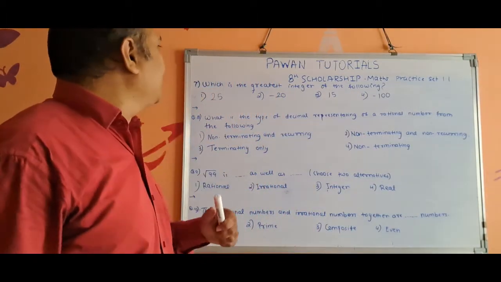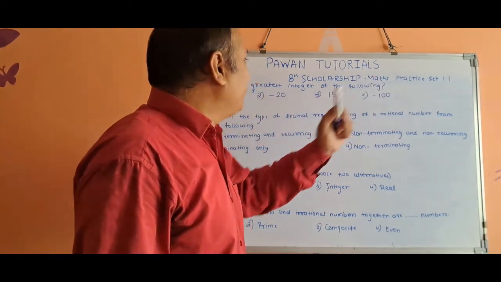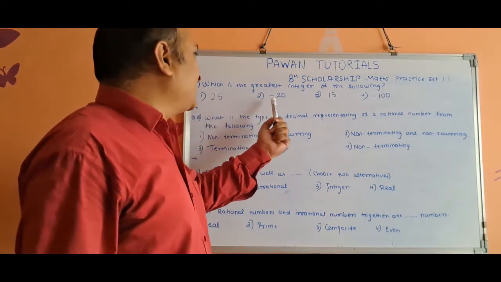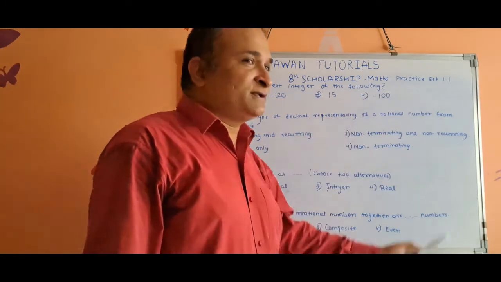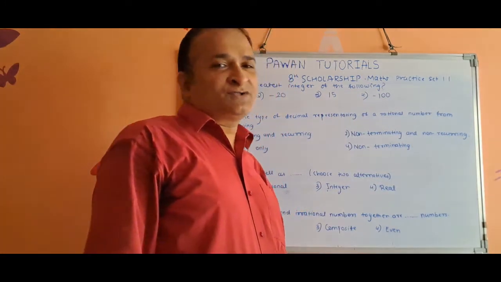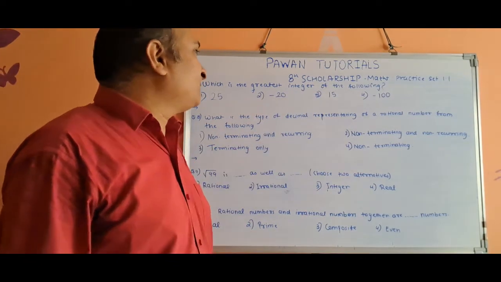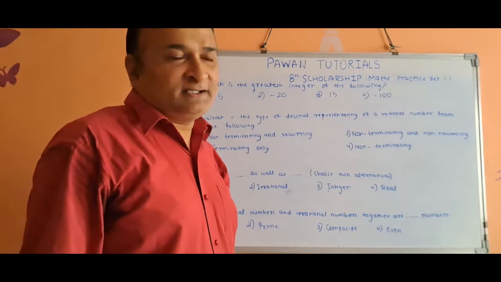Look at the next question, students. Question number 7. Which is the greatest integer of the following? The options are: first option 25, second option minus 20, third option 15, and fourth option minus 100. As we have to find the greatest integer, a negative cannot be the greatest integer.